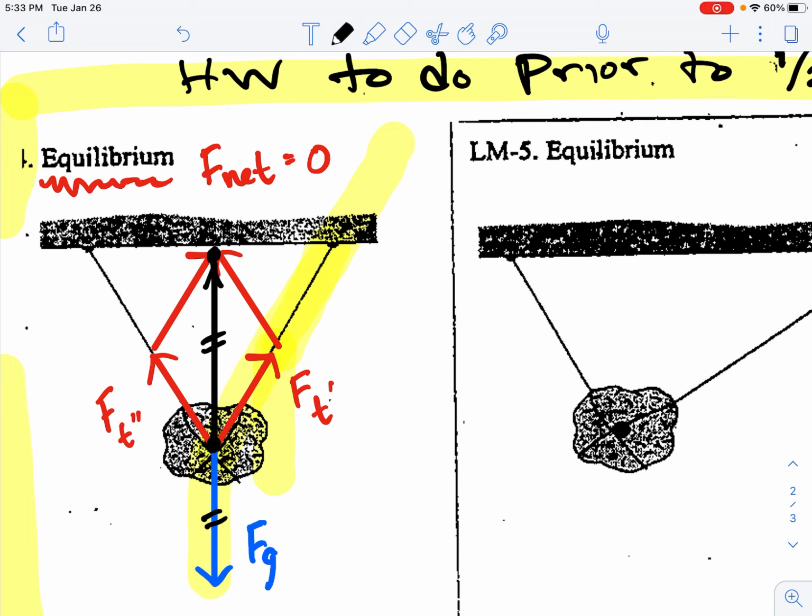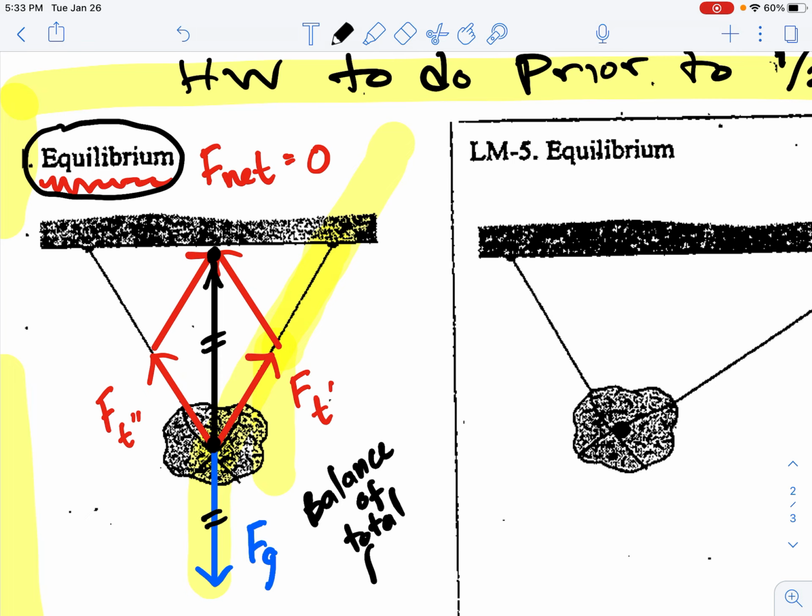And that means that rock is not going to be moving, or that there's a balance of forces. Balance of total forces.